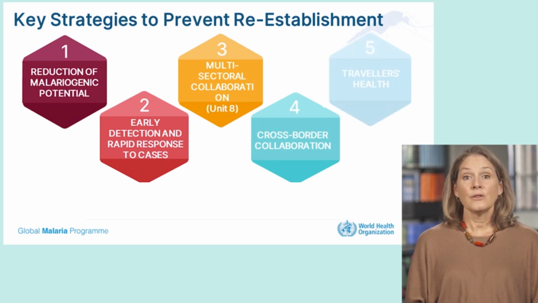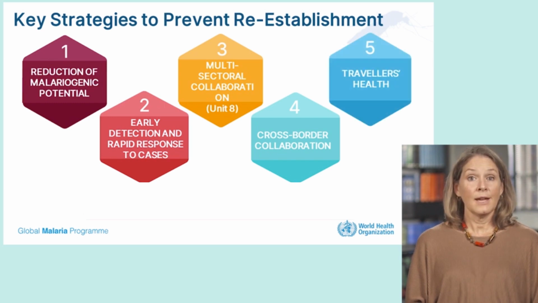And fifth, travelers' health is an important component of prevention of reestablishment, not only to protect travelers from the potentially severe consequences of malaria infection, but also to potentially reduce the risk of importation of malaria. In the subsequent slides, we'll cover reduction of malariogenic potential, rapid response, cross-border collaboration, and travelers' health.